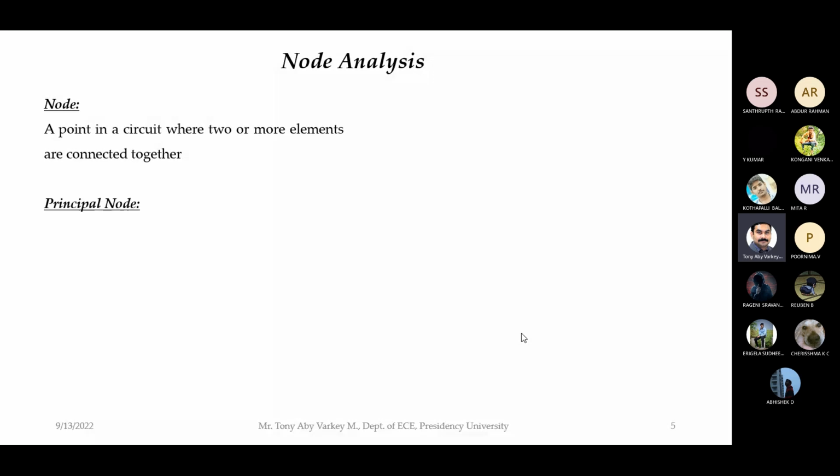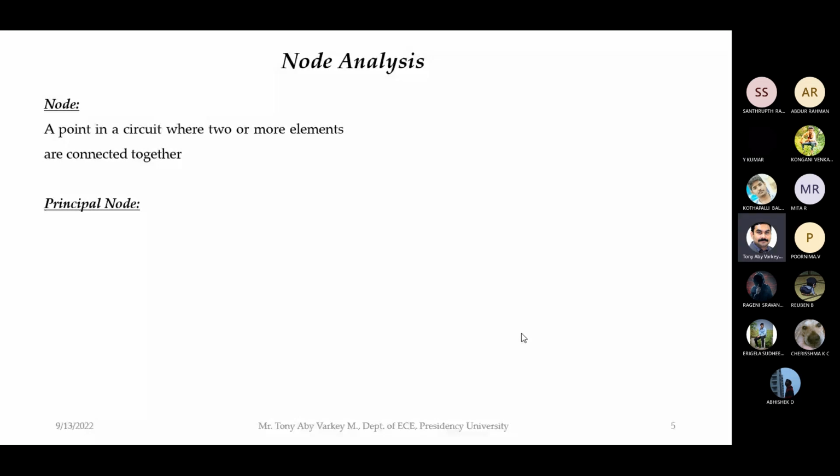Now there is another concept called principal node. From the first statement, can you tell me what will be a principal node? A node is a point where two or more elements are connected together. So what will be a principal node? Only one element? No. More than two.